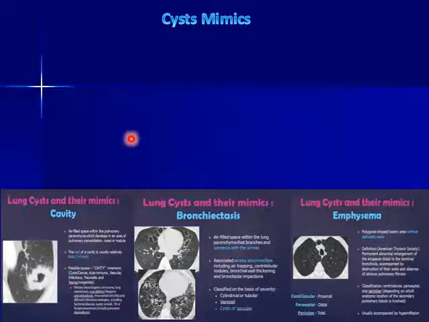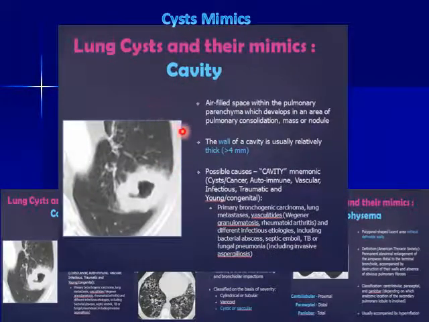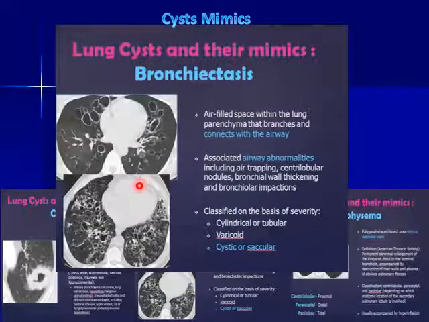These are the mimics of cysts. Number one, cavity. As I've told you, a cavity has a wall thickness more than 3 mm. Bronchiectasis, and we will describe them in the coming few slides. Bronchiectasis are more or less elongated, having continuity with each other. They can be connected and have a sign called signet ring sign, like this.